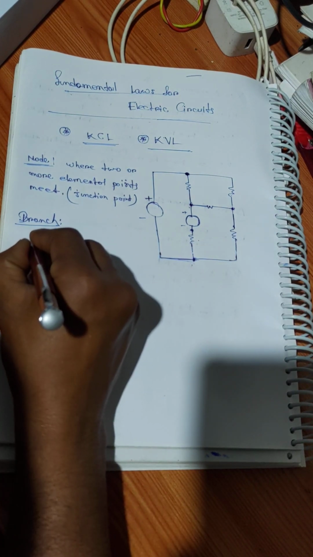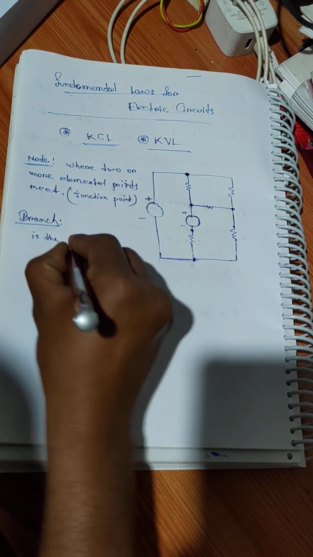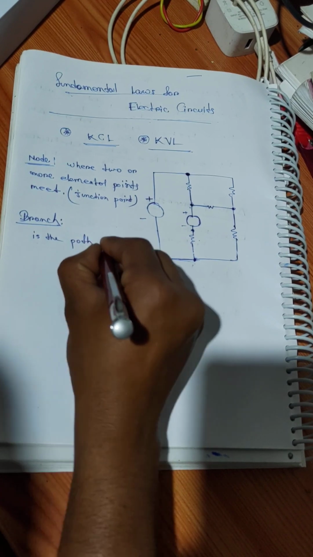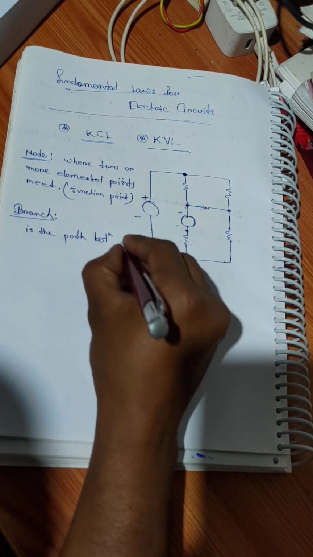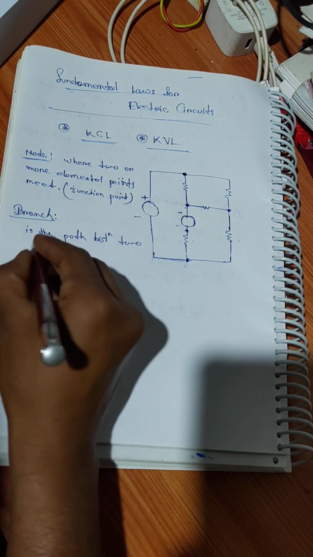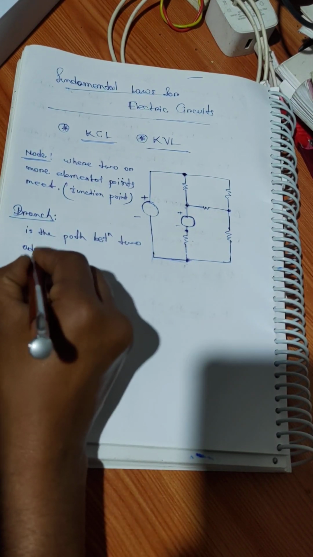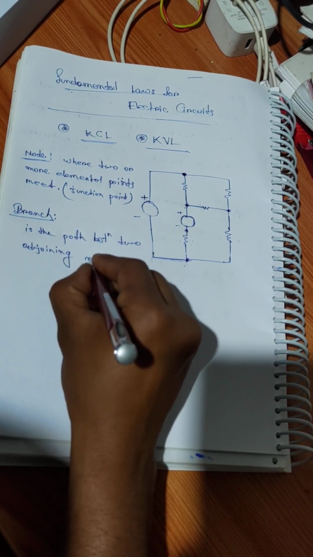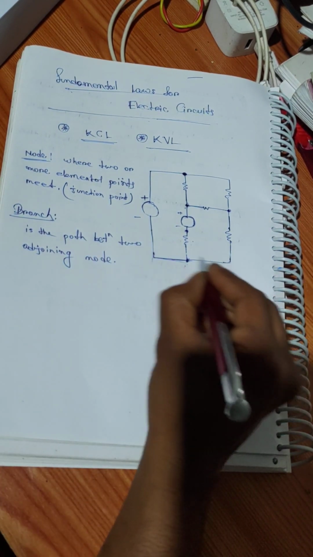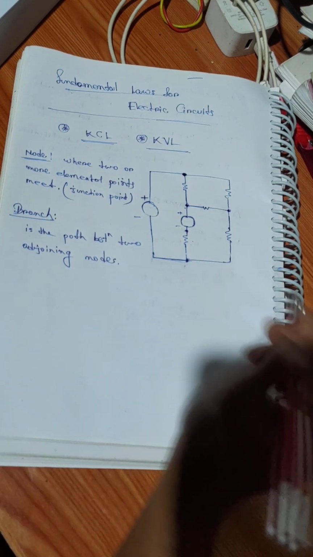So a branch is the path between two adjoining nodes.